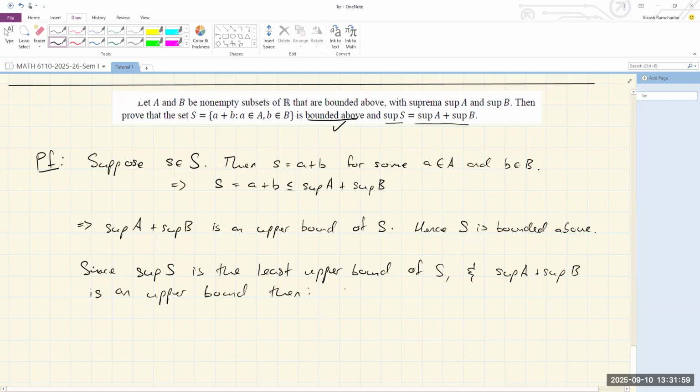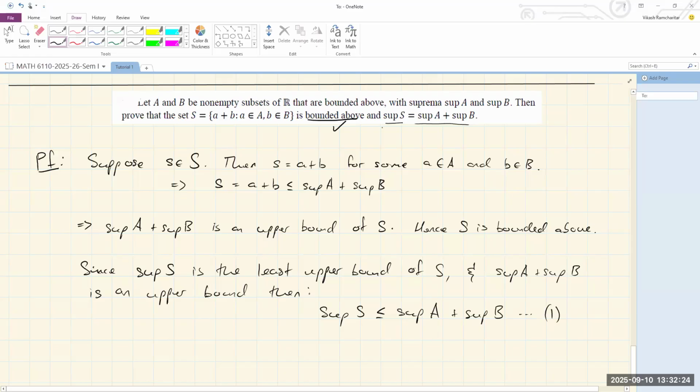then what do we have? Which one is the smaller one? The supremum of S is the smallest of all these upper bounds. So the supremum of S should be less than or equal to this number, supremum A plus supremum B. We can call this equation 1.